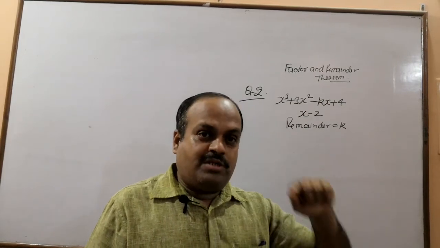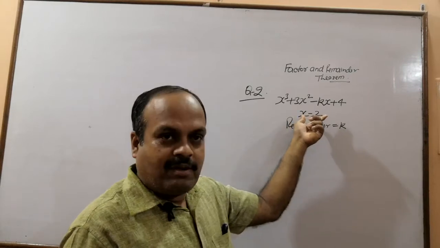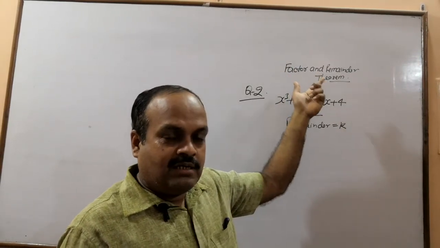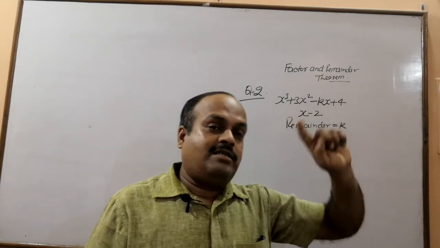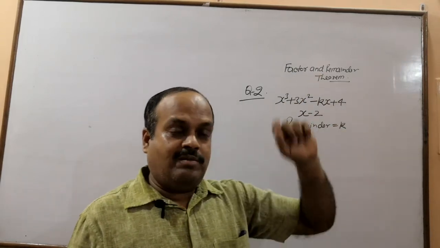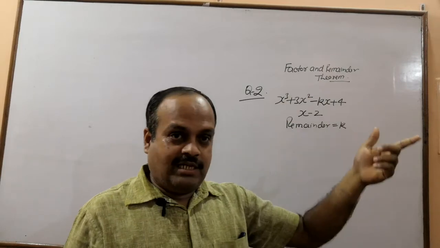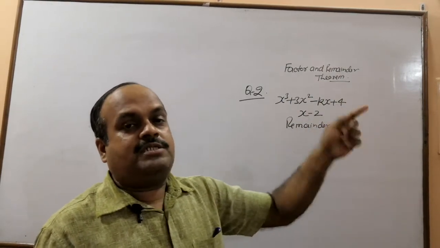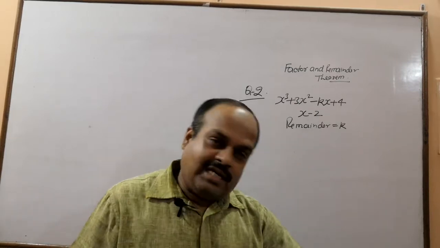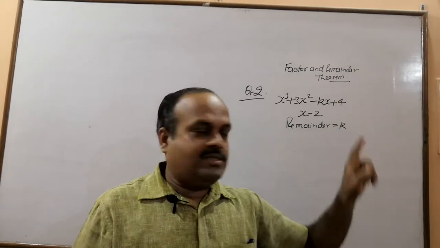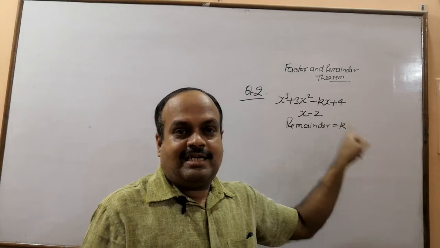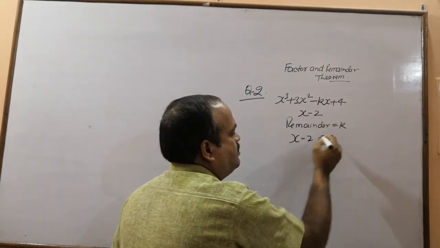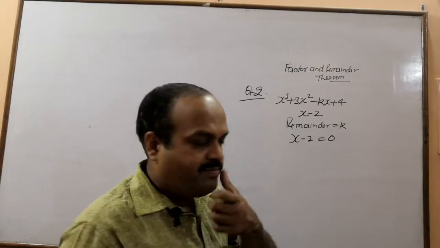When we substitute the value of x, what we get from this, in this expression, only then do we write the remainder, and the value of the remainder we will get is equal to k. So let us first get the value of x, then we will get the value of the remainder, which is already known to us, and that is k. So first write x minus 2 equals to 0.